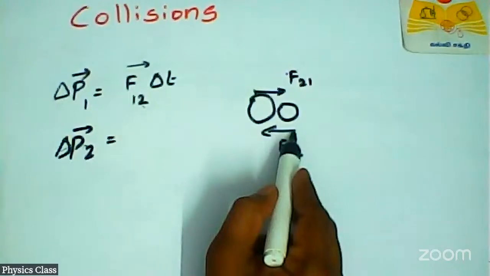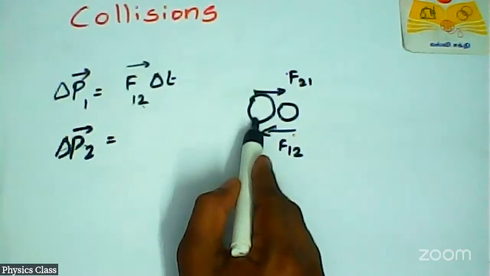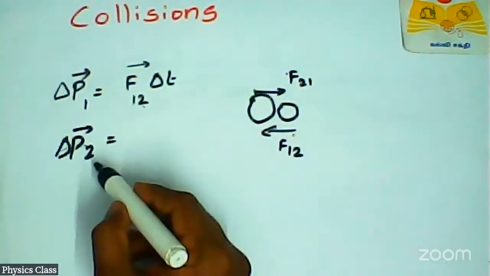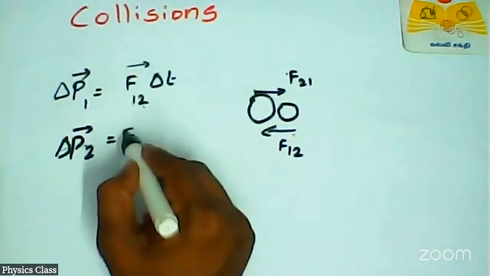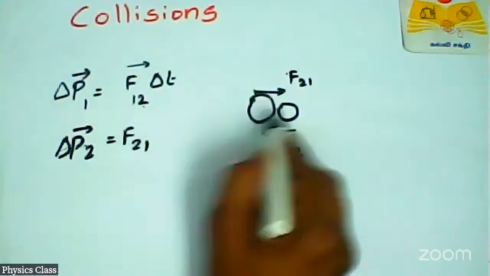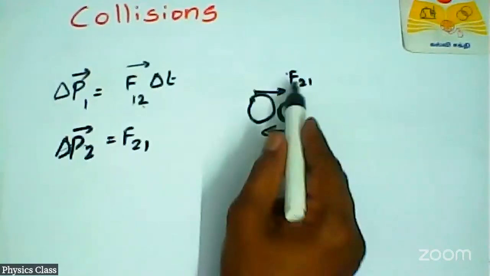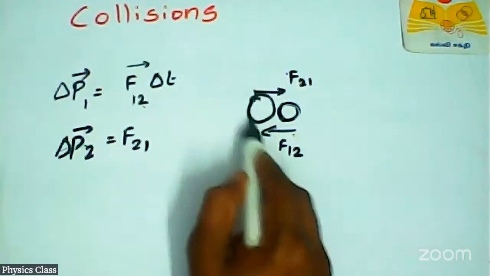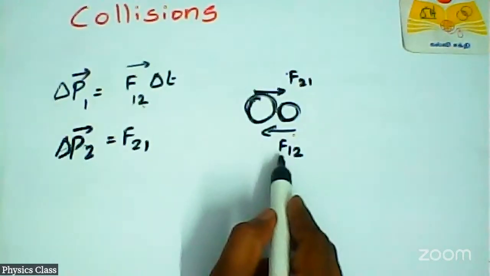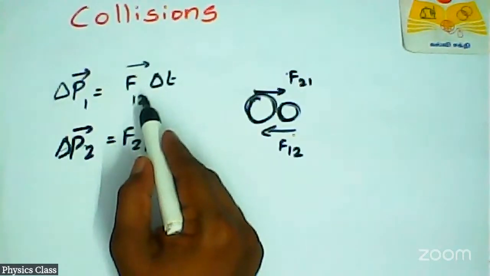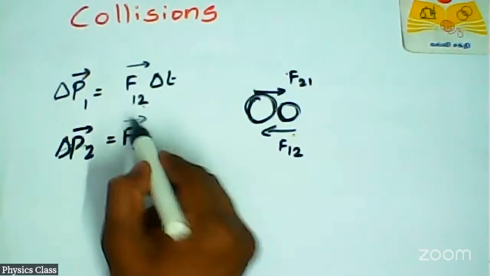This force changes the momentum of this body. So del P2 means F21, because this object's momentum changes only by F21. This object's momentum changes only by F12. So that is what we can put here.